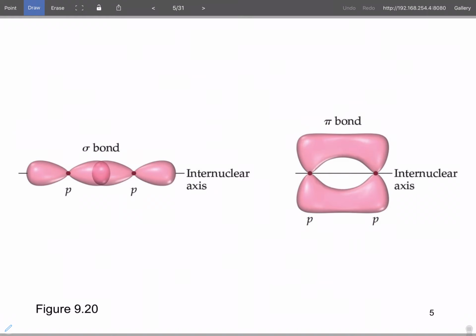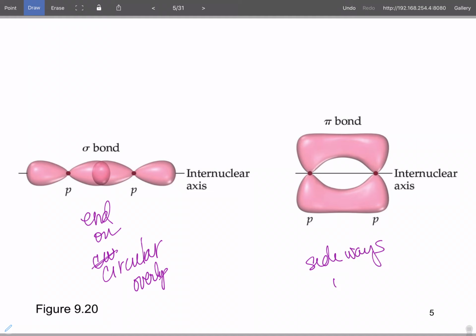And a better representation of this is the end-on circular overlap. This is the sideways overlap. And something you're going to notice is this is on the internuclear axis.